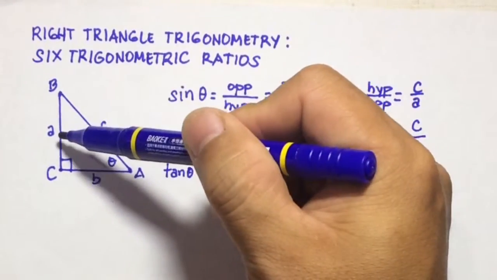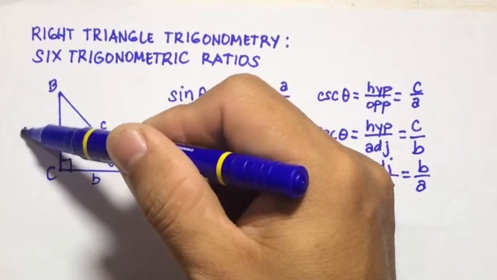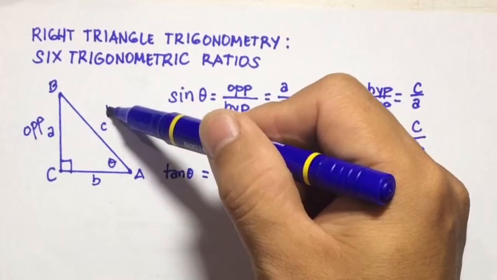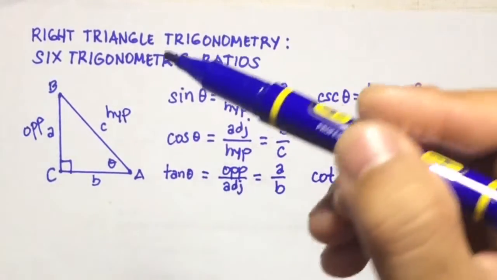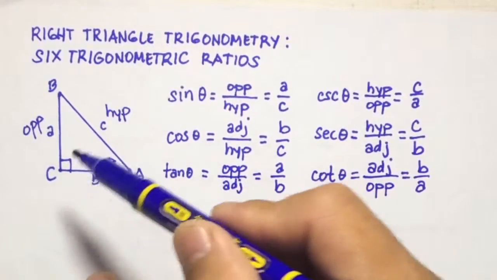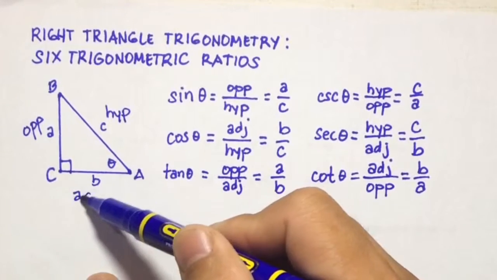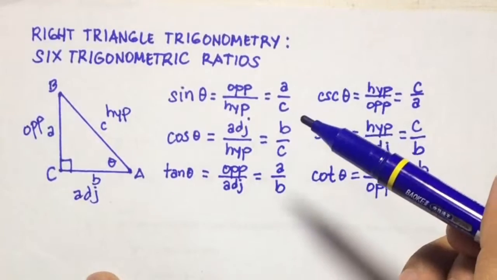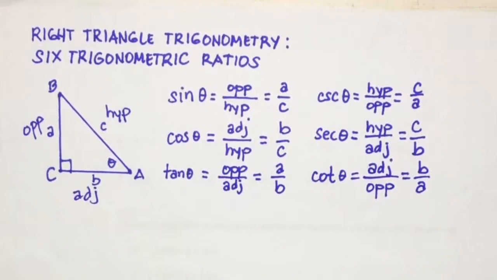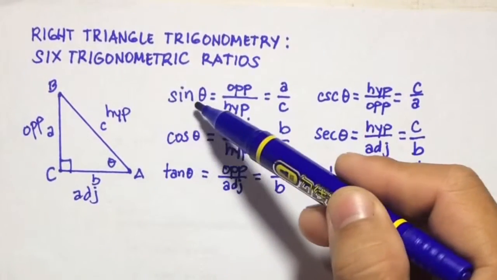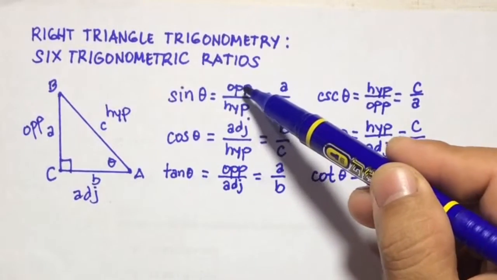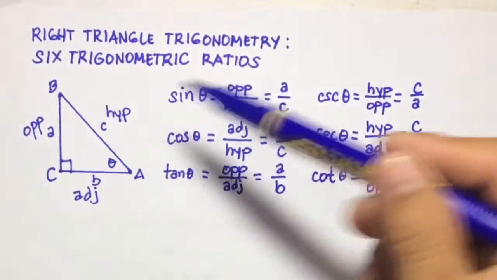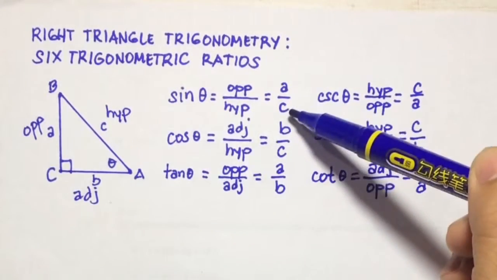Now, A here is just the opposite of theta. This is the opposite. Then C is the hypotenuse. And B here is just the adjacent side. Now, if we're going to look at the 6 trigonometric ratios, you have sine of theta equals opposite over hypotenuse, or this is equal to A, the opposite side, over C, the hypotenuse.